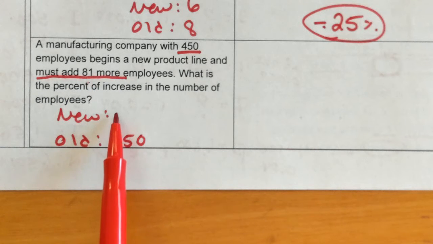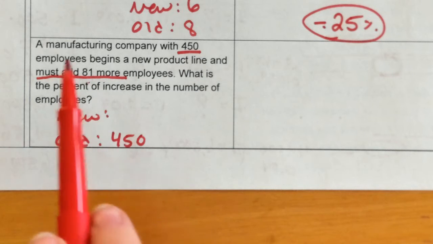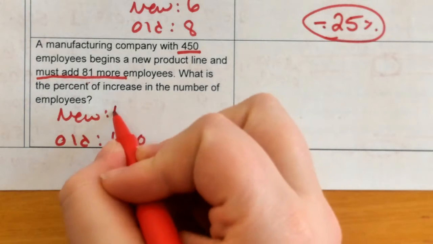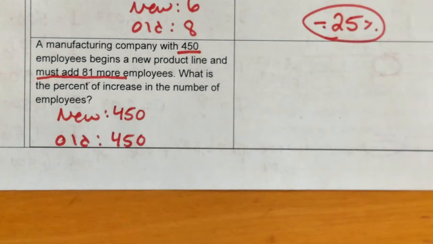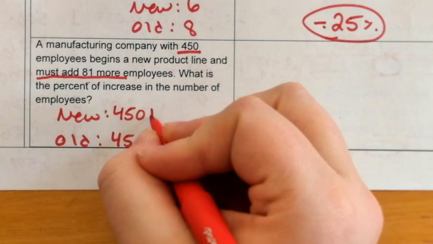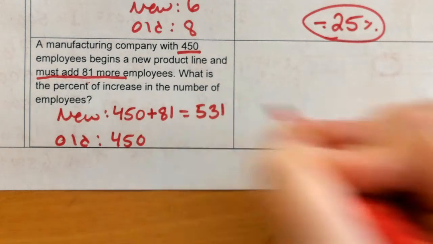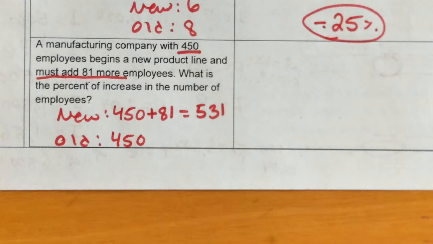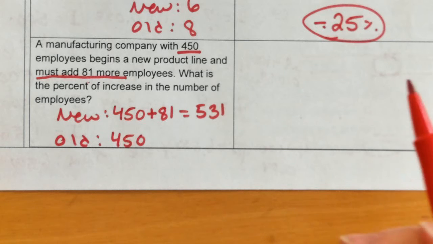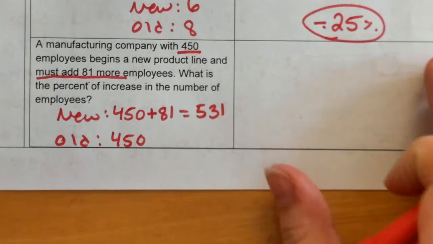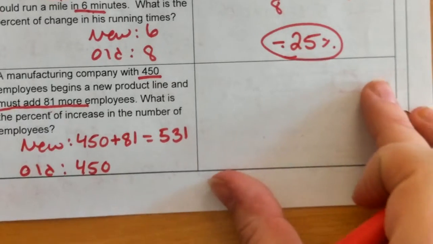Our new number is not 81. They had to add 81 more. So it's the 450 that we used to have plus the 81 new employees, or 531. So that's where they tried to trick you. They gave you two numbers, but you actually had to do a little bit of extra math to get that new number. So now let's use that in our formula.